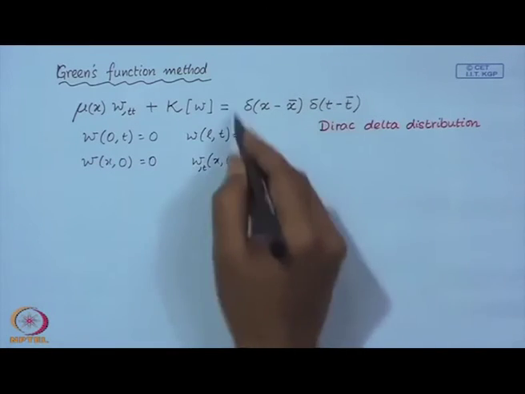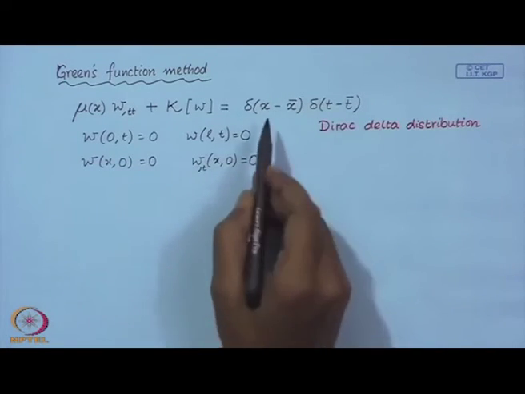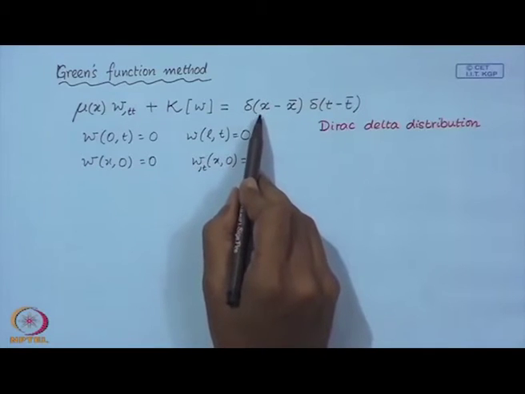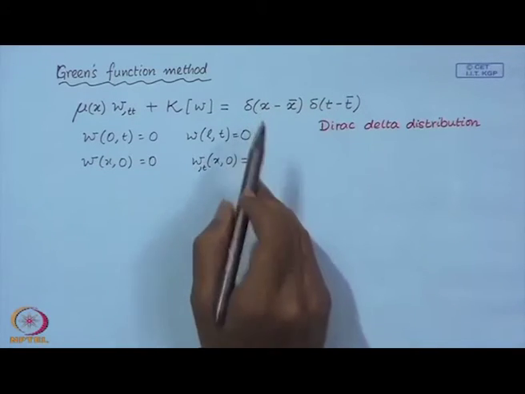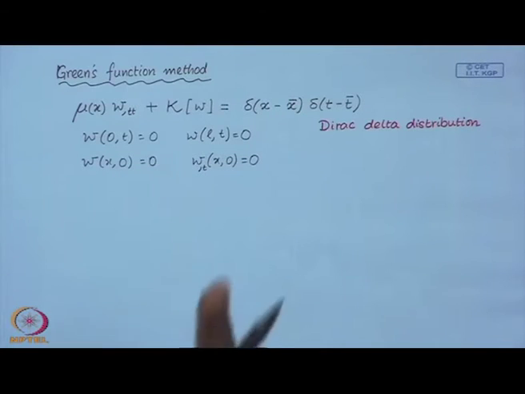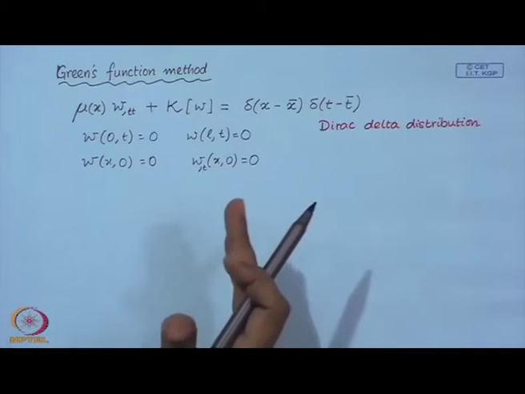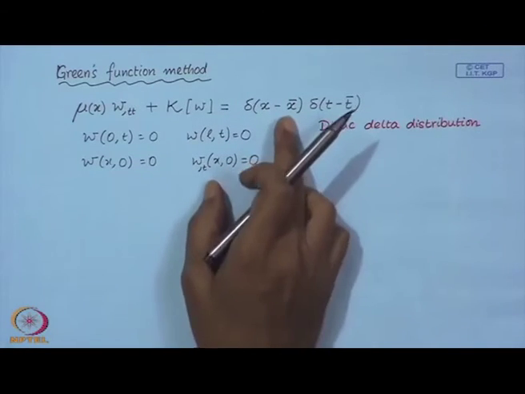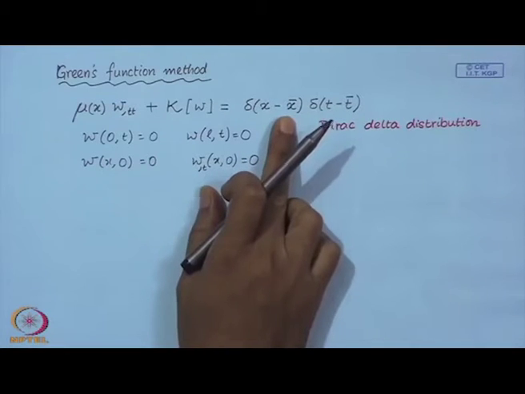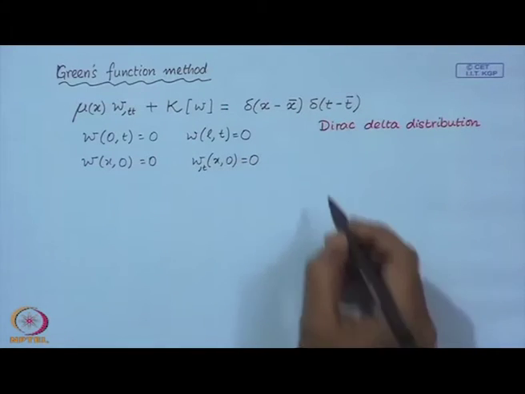So, the forcing is of a very special form like this. What in effect this represents is an impulsive loading at the location x equal to x bar and time t equal to t bar.